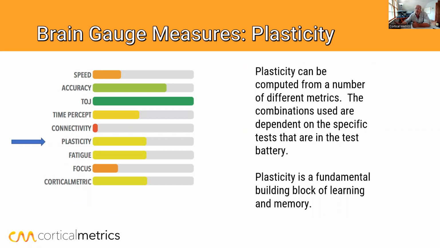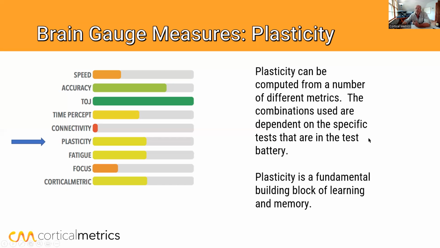And not only that, you can measure plasticity in a number of different ways, and reflecting that, we actually have different ways to measure it. It can be derived from a number of different measures, but it is a computed measure. Which measures it's computed from has to do with which measures are in your test battery.